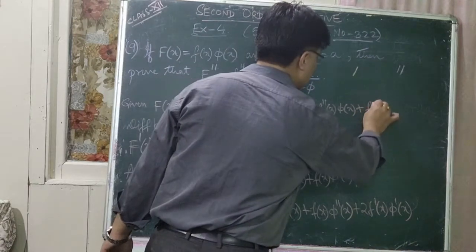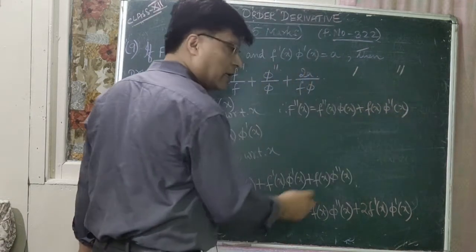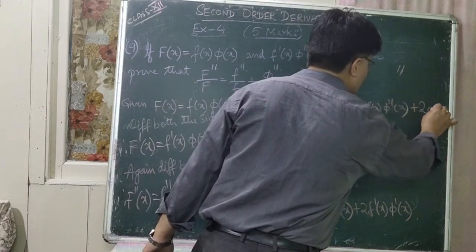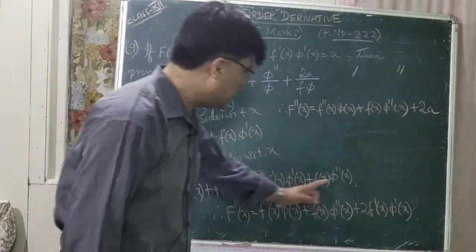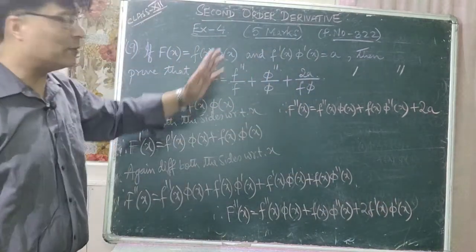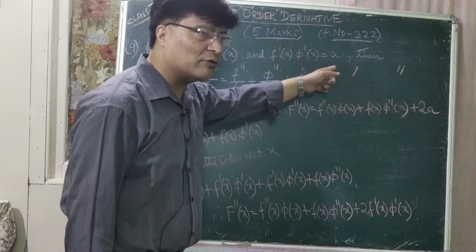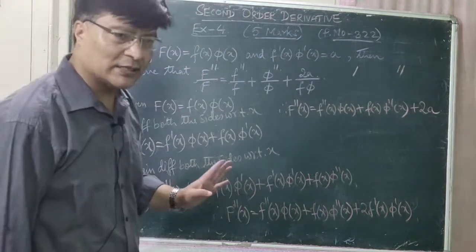It is f of x into phi double dash of x plus 2 into a. That is, instead of f dash of x into phi dash of x, you can write a. Is it clear now?